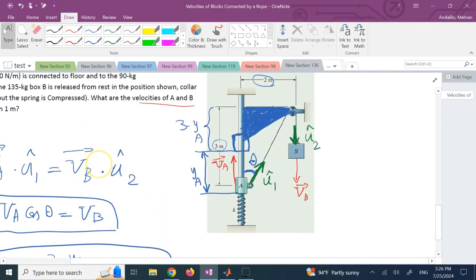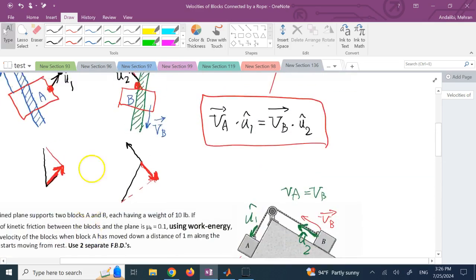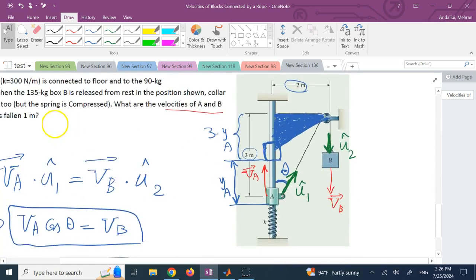Now, the way I do it in class is a little bit different, and I derived that for you as well here. So you see that this formula I gave you is actually very effective, and you don't need to do all this process that I do here. So this is how I do it in class. I say, well, assume that A goes up and B goes down, right?